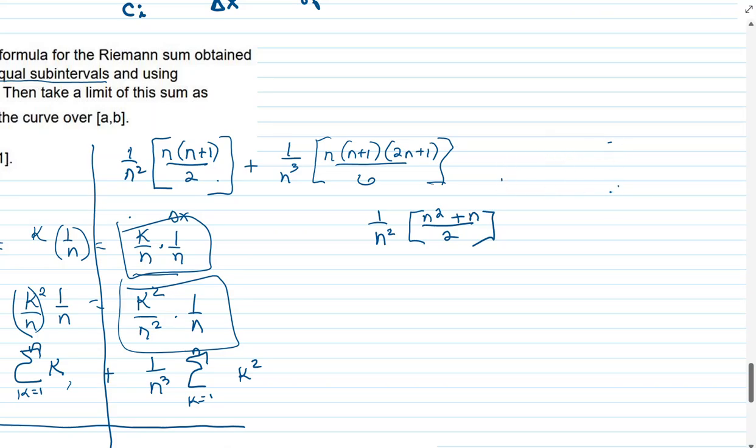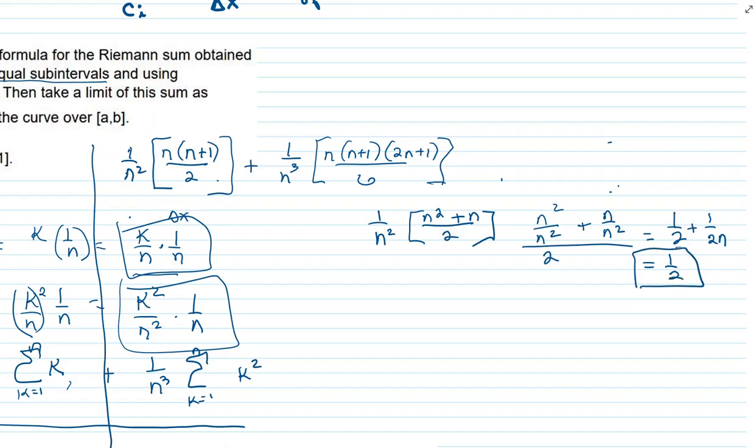So I'm going to have n squared divided by n squared, because I'm doing that division to that numerator, all over 2, plus n over n squared. And that's going to give me 1/2 plus 1 over 2n. We're multiplying by that 1/2. And this is to infinity, so what do I have? 1/2. All right, for the first part.